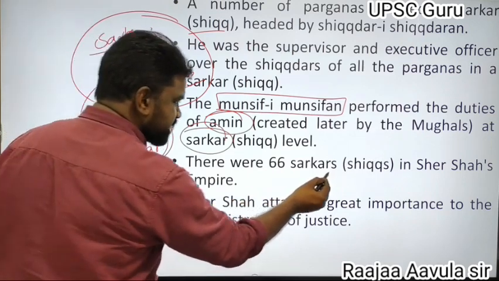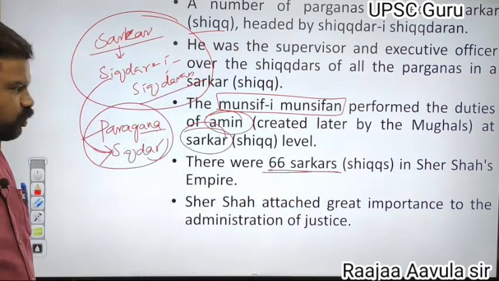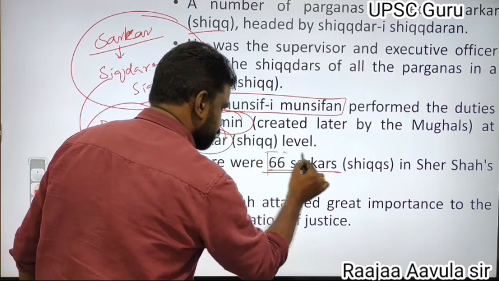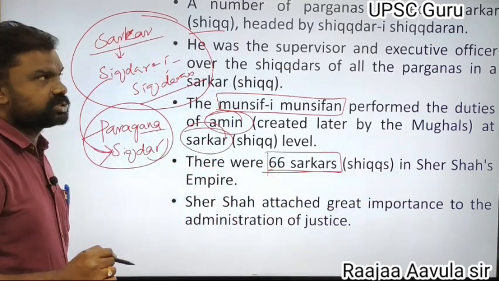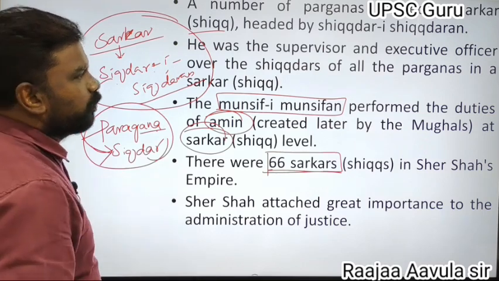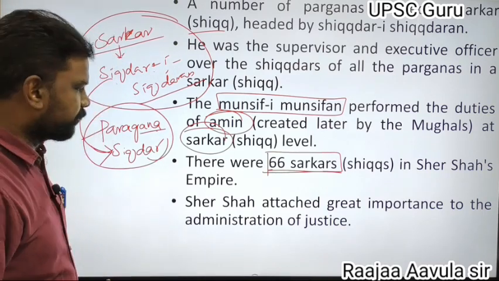There were 66 Sarkars during the Sher Shah period. This question has been asked several times. You have to remember this: 66 Sarkars.